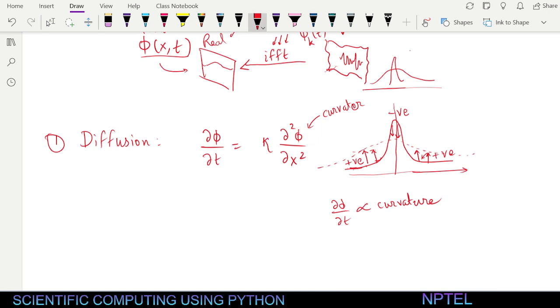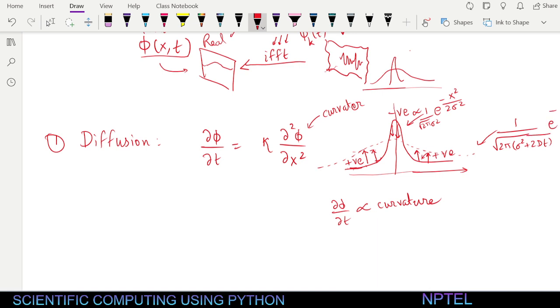In fact, you have some initial Gaussian, let's say e to the power minus x square by 2 sigma square, and here you have 2 pi sigma square. Yeah, maybe the coefficient is not correct. Then after some time t, it becomes 2 pi sigma square plus 2 Dt or something like that, right?